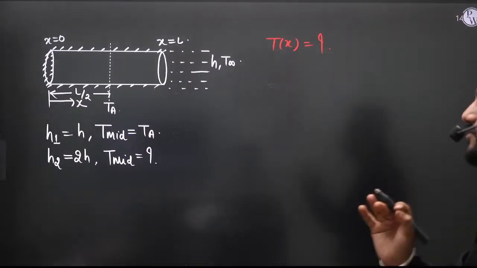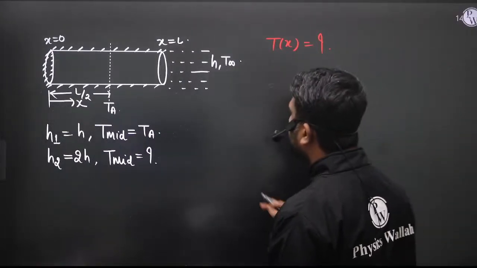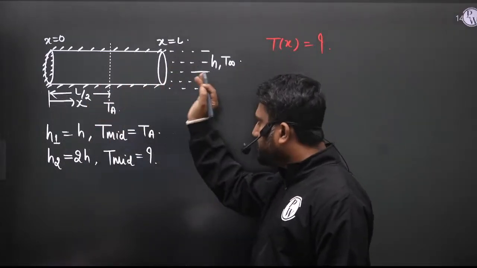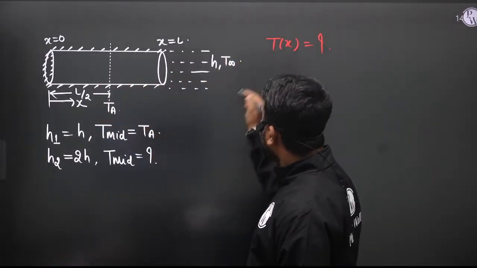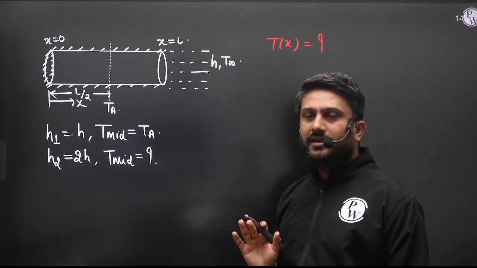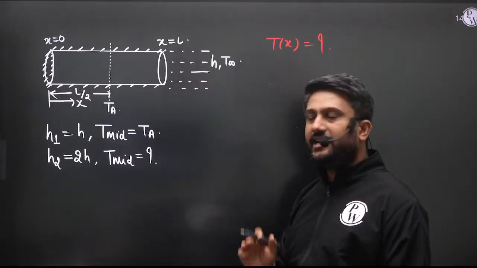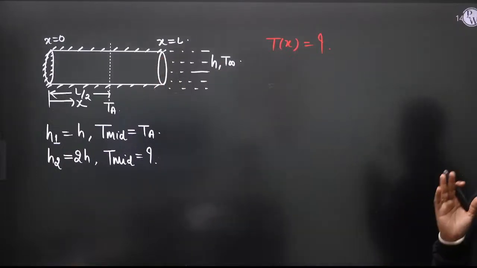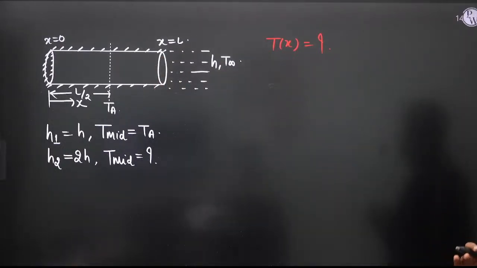So first find out how the temperature changes with respect to X. That's okay, but does that depend on this H or not? Try to find this out. If you find this, definitely you can comment on the mid-section temperature.